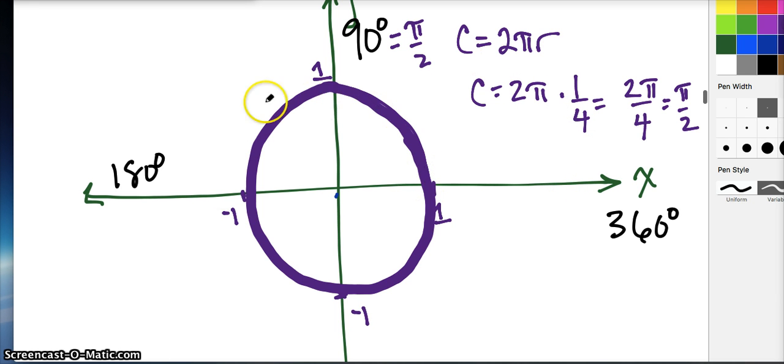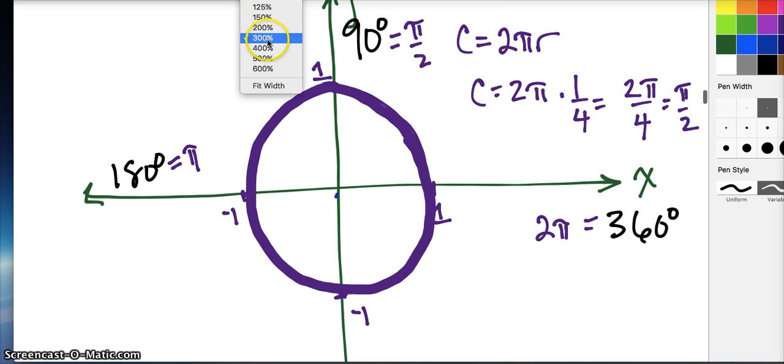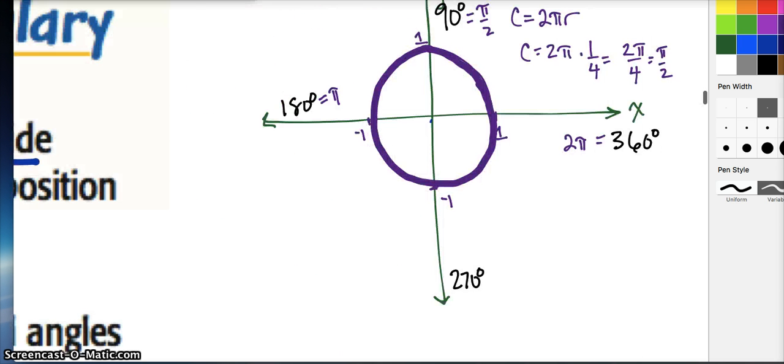Remember the whole circumference was 2 pi, so we would look at 360 as 2 pi. Kind of weird. We'd look at 180 degrees as, can you guess? Yes, just pi.